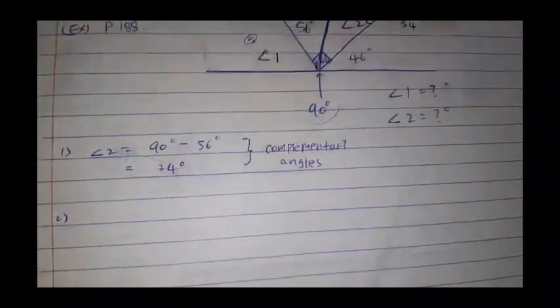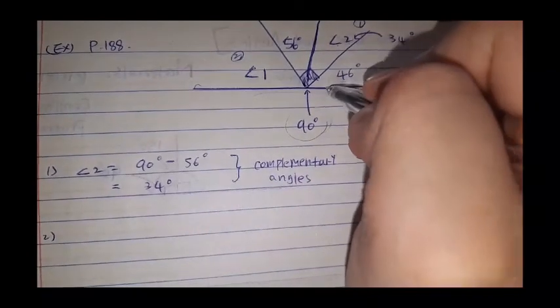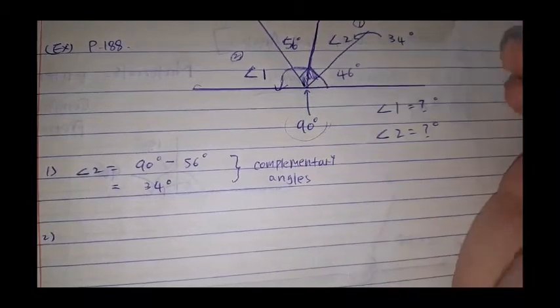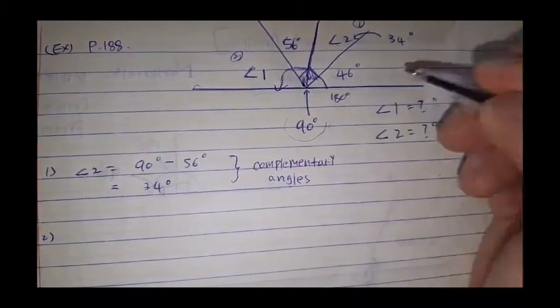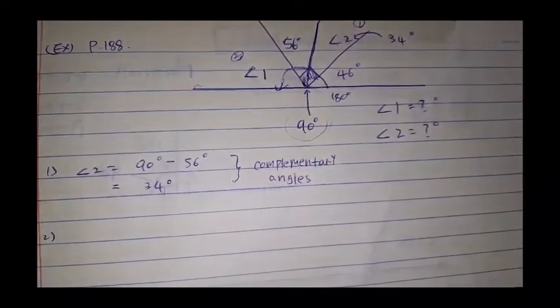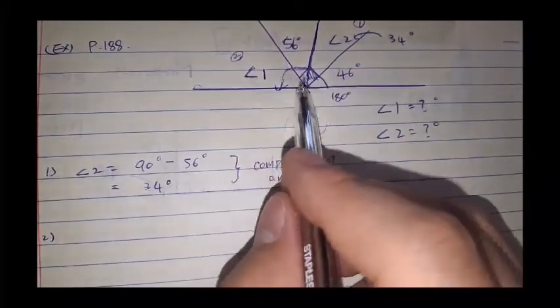Now, angle number 1. If you think about the whole angle from the line on the right all the way to the line on the left, you may notice that this is 180 degrees, because it's a whole 90 and 90 together, start and end to the opposite side.